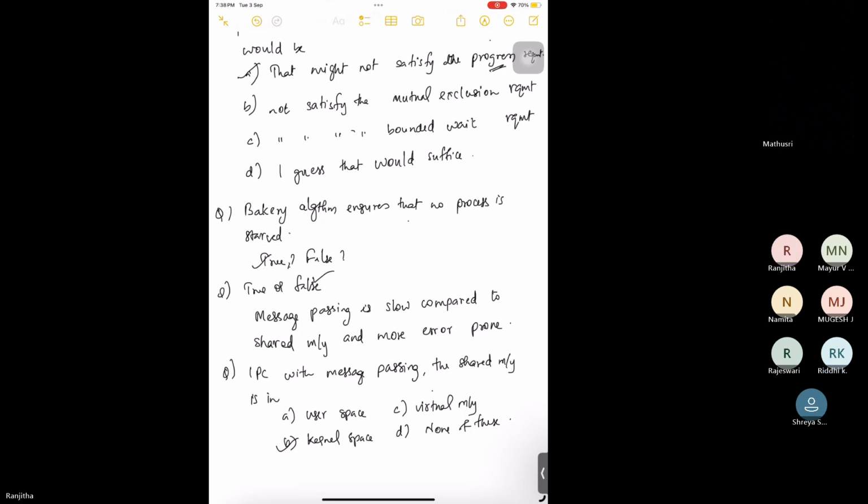Yeah. No, no, see, IPC. One mechanism is called shared memory, and the other is message passing. In message passing, the common memory between the two processes is in the kernel space. Okay, ma'am.